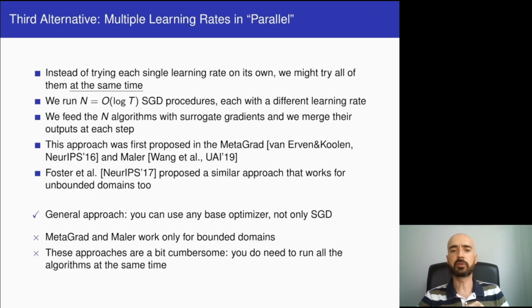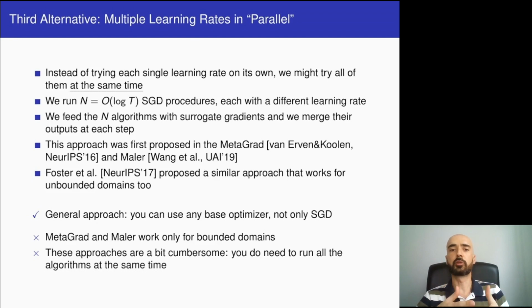Now, a bunch of different approaches have been proposed in the literature, depending on what the procedure here is that you use. You don't have to use stochastic gradient descent. You can use something even more complex than that. So in this sense, this approach is extremely general. However, it's still a little bit cumbersome because you're still running a lot of algorithms.